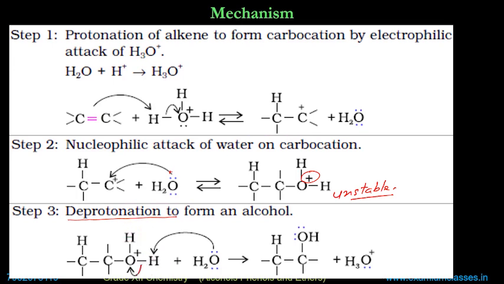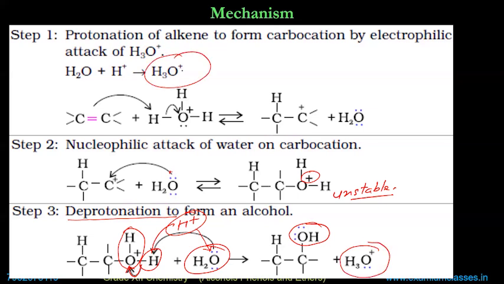This bond gives its electrons to oxygen, and because this hydrogen doesn't have any electrons, it gets detached as H plus. This oxygen gains the electrons, so now it has normal charge, no extra charge. This OH remains on the carbon, and the hydrogen which gets detached is attached to a water molecule and again forms hydronium ion, which was there at the beginning.